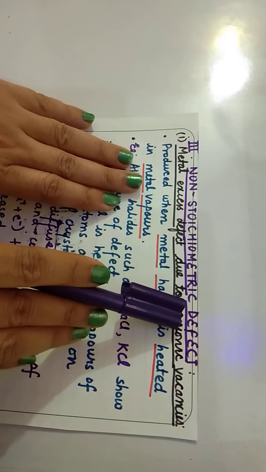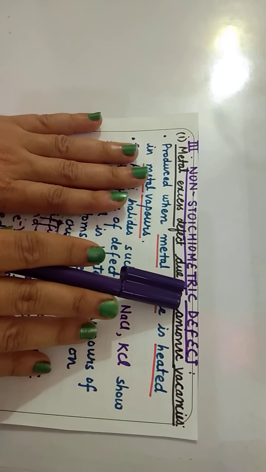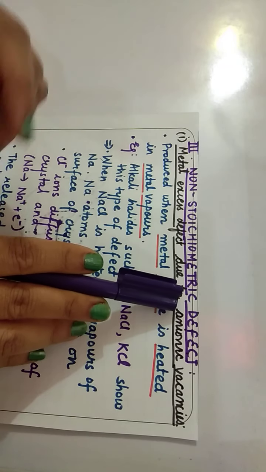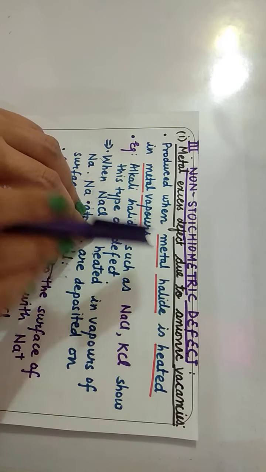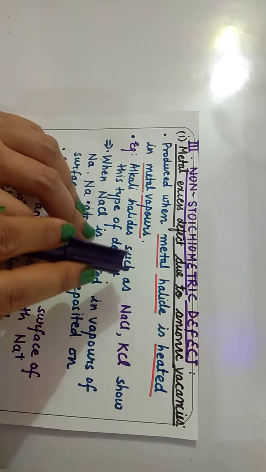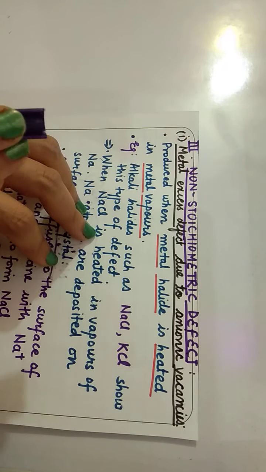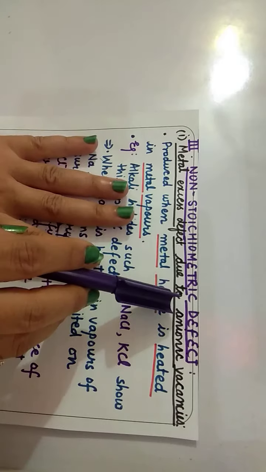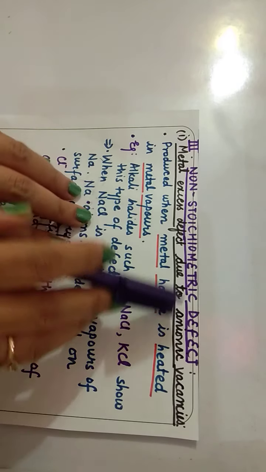That is, when any compound which is a solid contains the respective elements, for example FeO, and here iron and oxygen are not present in stoichiometric ratio, they are present in non-stoichiometric ratio, then that type of defect is non-stoichiometric defect.